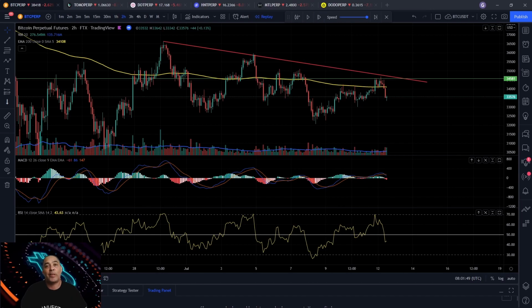As you can see, we got a rejection from our diagonal resistance and we received a bearish crossover on the MACD. And our RSI is trading below the 50 line, so for that reason, that bearish crossover is a valid signal.